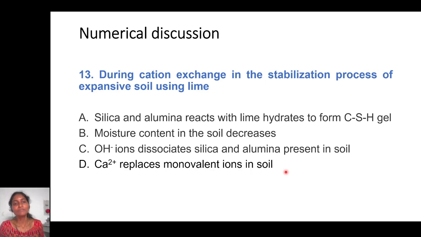When this calcium oxide is added to the clay or water, what happens? Ca plus 2 is cationic and O, they will be separated. They are asking that this Ca plus 2 will go and replace something, or actually strengthen the bond of soil by replacing what? Let us say option A is, in the stabilization process of expansive soil using lime, during the cation exchange, silica and alumina react with the lime hydrate to form the gel.